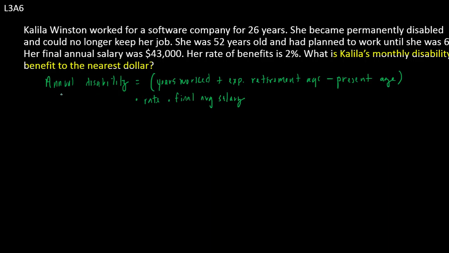So again, her annual disability is equal to years worked plus expected retirement age minus present age, multiplied by that rate, multiplied by final average salary.